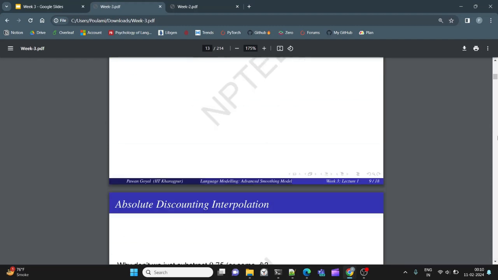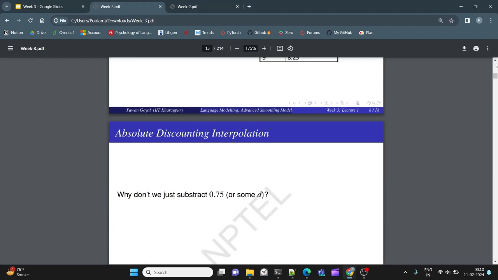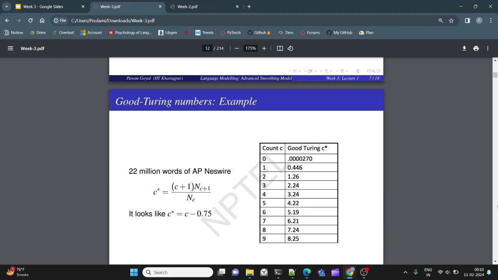So what is the idea behind absolute discounting interpolation?